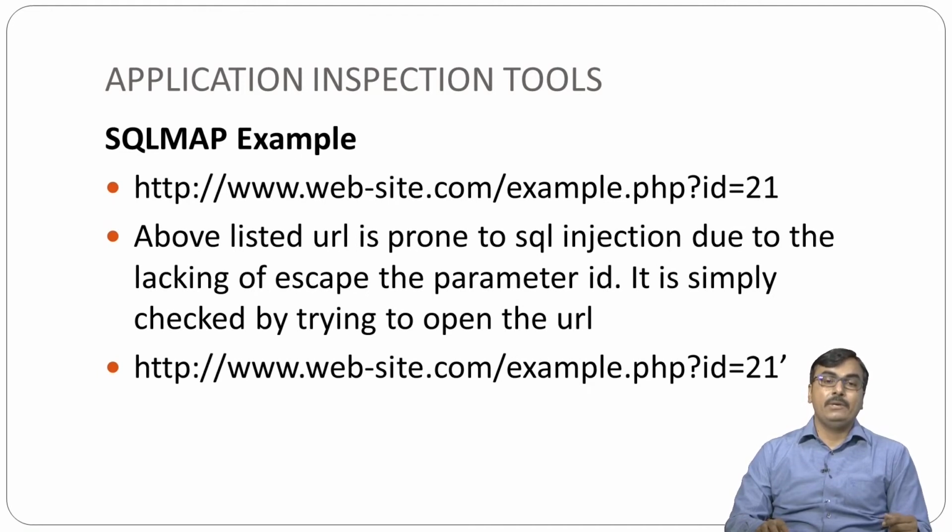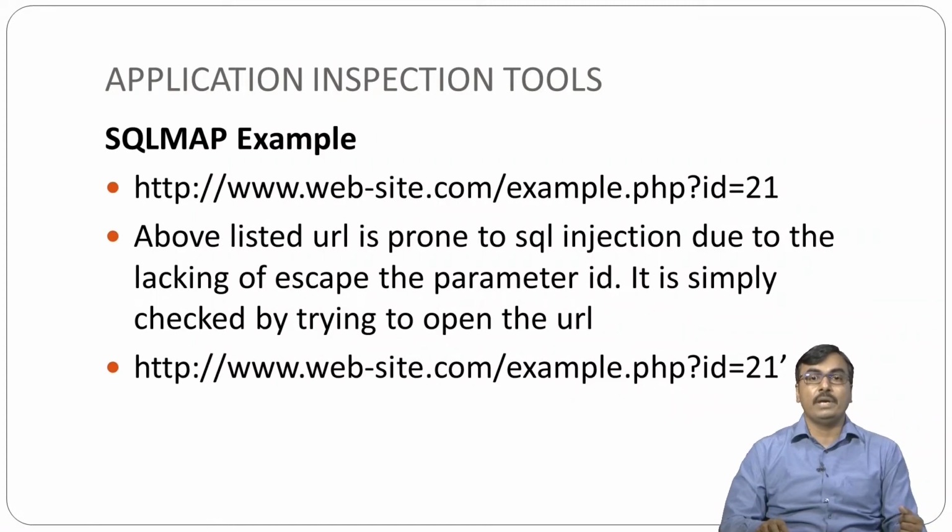If the URL returns or throws an error or exception, then through that exception or error, the pen tester or attacker will observe that particular error. So, the above listed URL is prone to SQL injection due to the lack of escaping of the parameter ID.